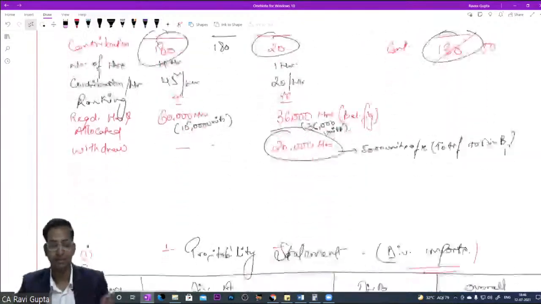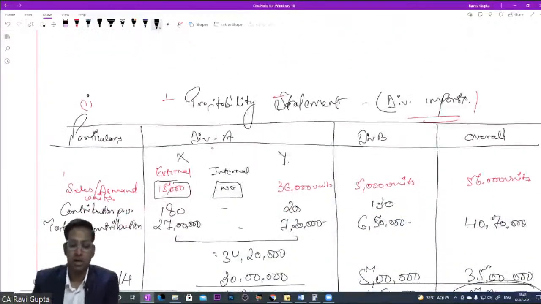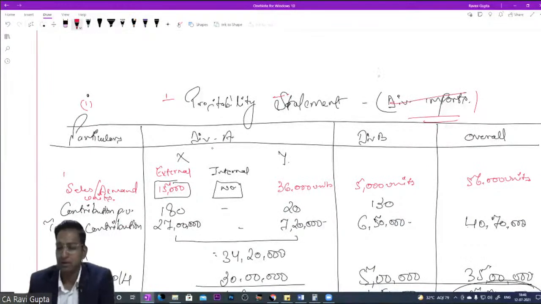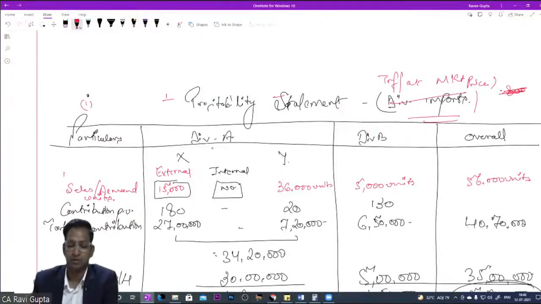Now I'm changing this statement so that you can understand it very well. Now it has been transferred at market price, that is 800 rupees. It has now changed.